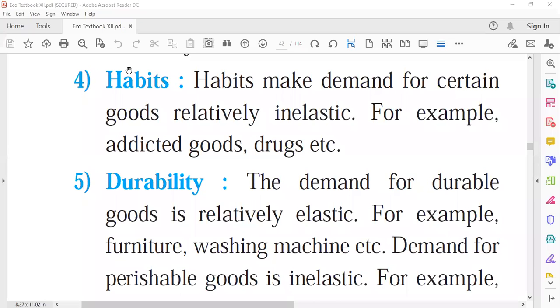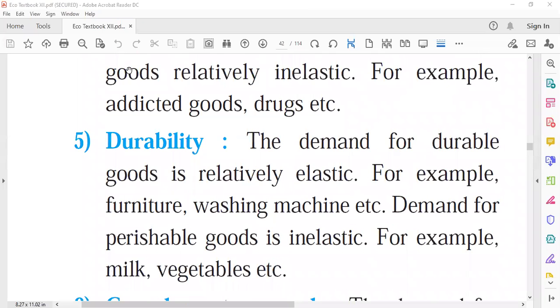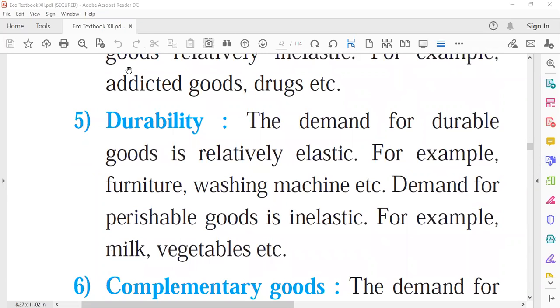Further, the elasticity of demand also depends upon durability. If the goods are durable, then the demand for such a commodity is relatively elastic.